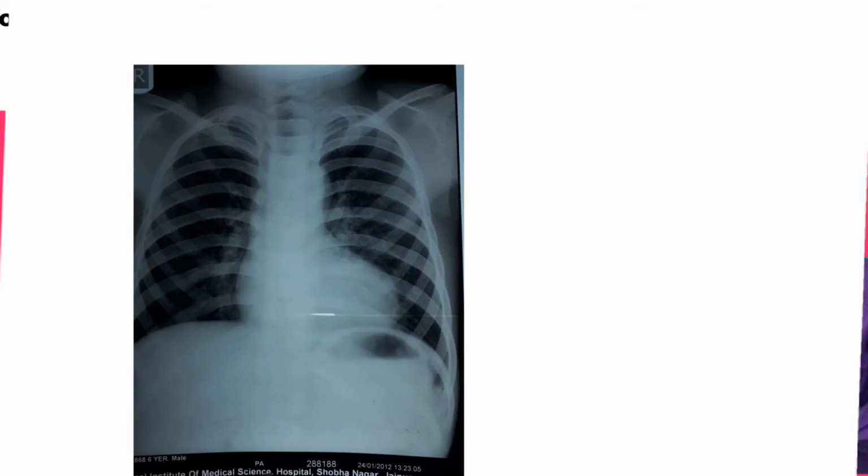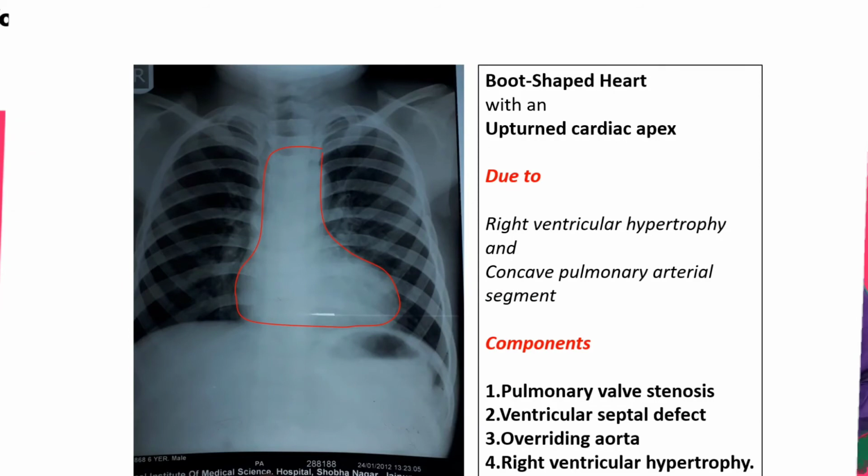Guys, come to the next X-ray. This is a very important picture in the pediatric age group. What pathology can you suspect in this X-ray? This is a boot-shaped heart, found due to the upturned cardiac apex, right ventricular hypertrophy and a concave pulmonary arterial segment.